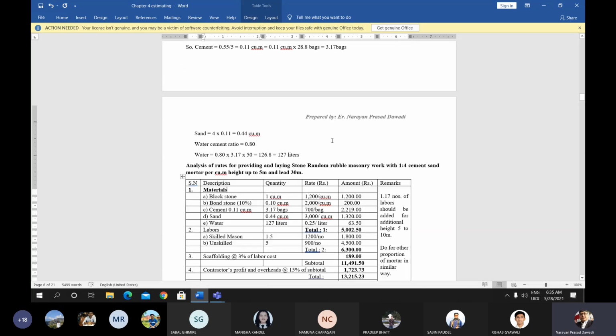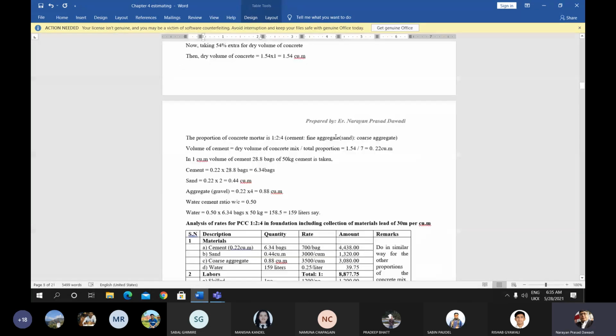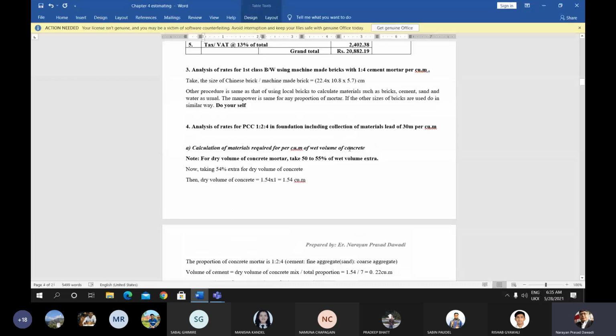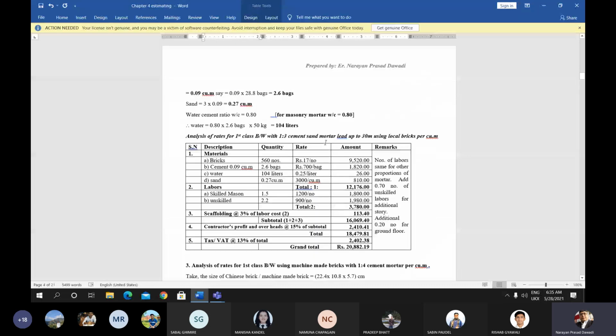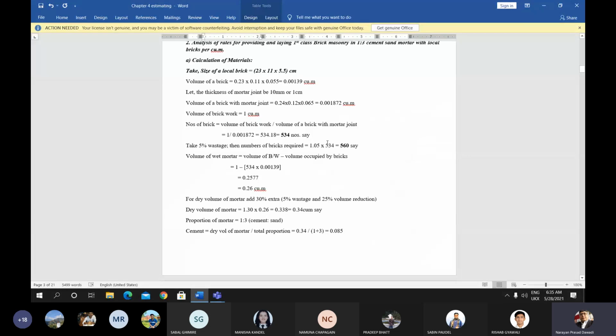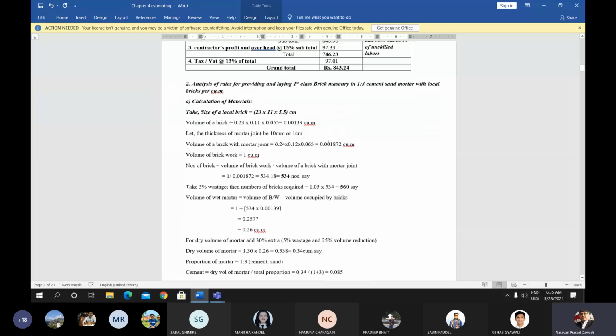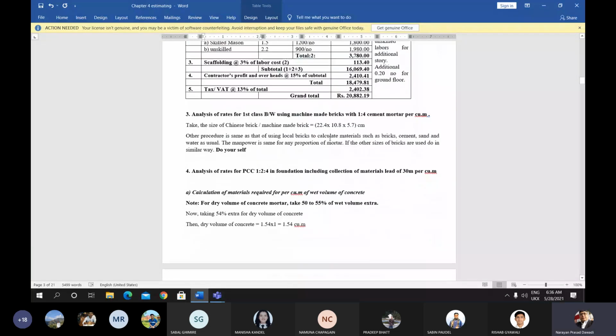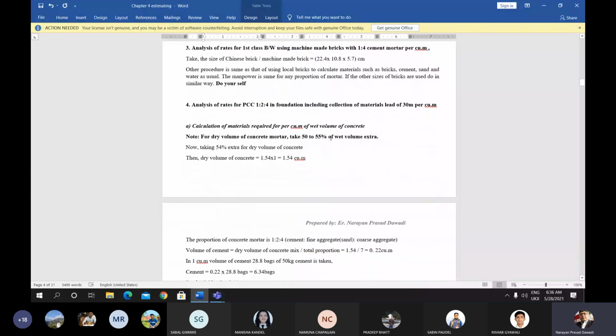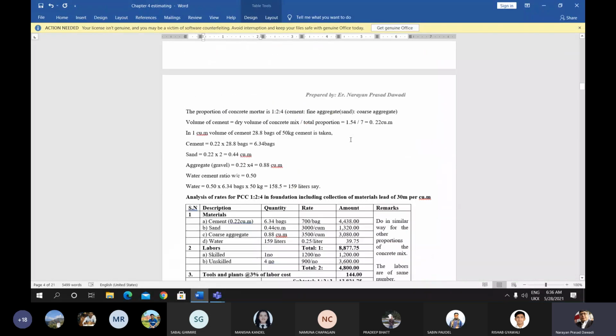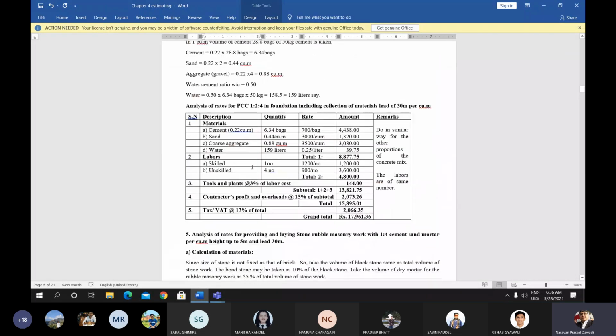For the PCC in foundation, as you have already done in item number 3 and item number 4, the number of skilled and unskilled manpower is 1 and 4.